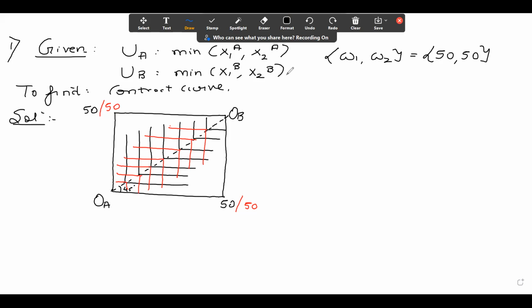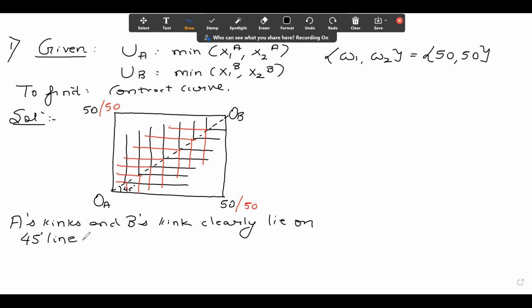Okay, so first of all, let's take any allocation on the 45-degree line, because you can clearly see that all the kinks lie on the 45-degree line. So I can write A's kinks and B's kinks clearly lie on the 45-degree line.